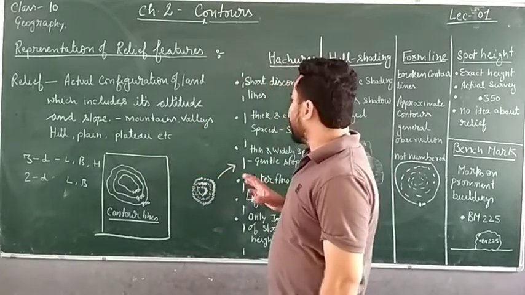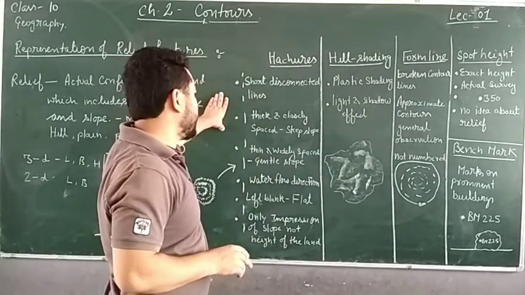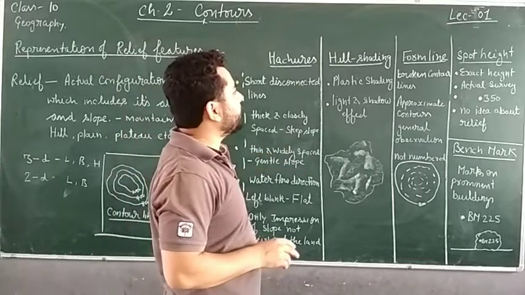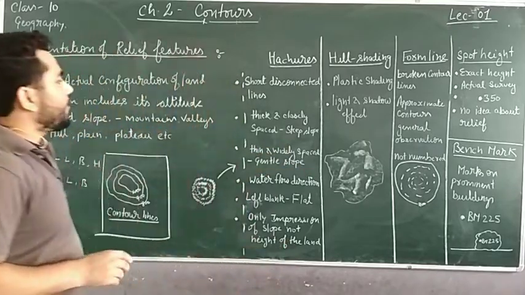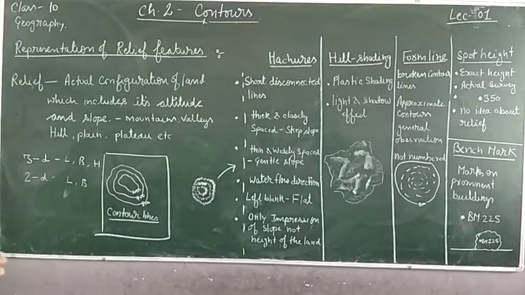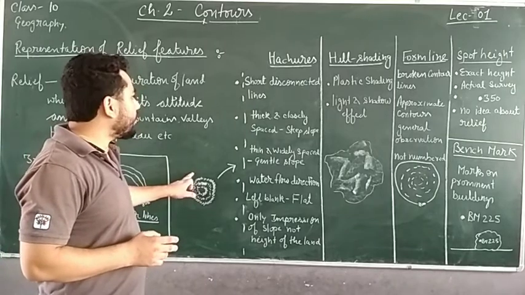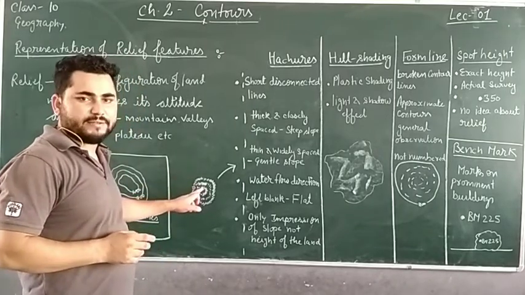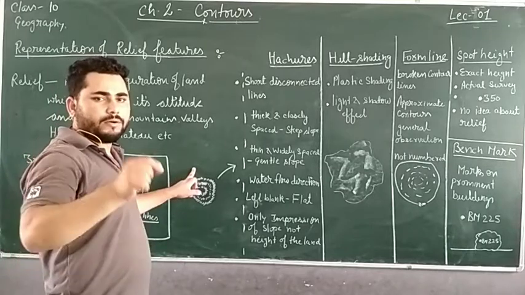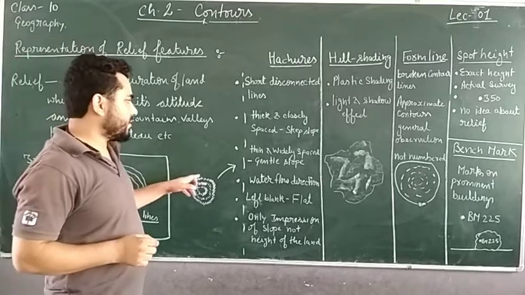Now the first thing which we are going to study is hachures, then second hill shading, then third form line. Now what is the meaning of hachure? These hachure lines are short disconnected lines, just like hyphens or dashes.